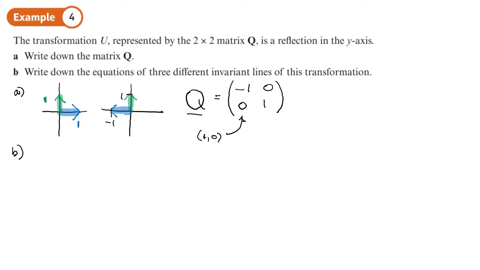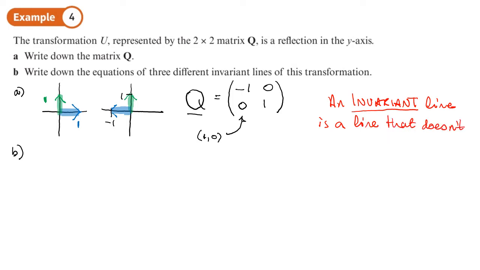Write down the equations of 3 different invariant lines of this transformation. Just as a reminder, an invariant line, and we can have invariant points as well, is a line that doesn't move under a transformation.